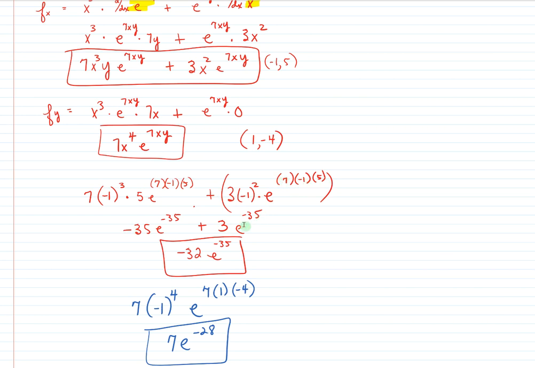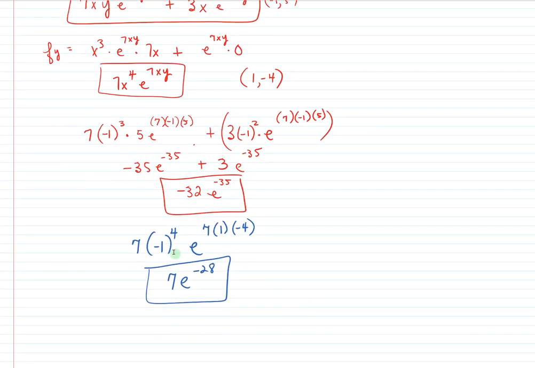So it simplifies to this. And actually they don't want it in the calculator. I was forgetting that. They don't want a value for e to the negative 35th. This becomes negative 35 of those plus 3 of those. So we have negative 32 e to the negative 35th.